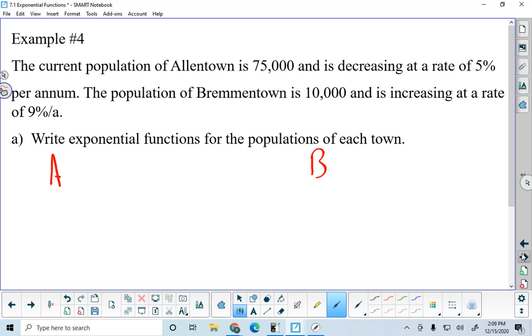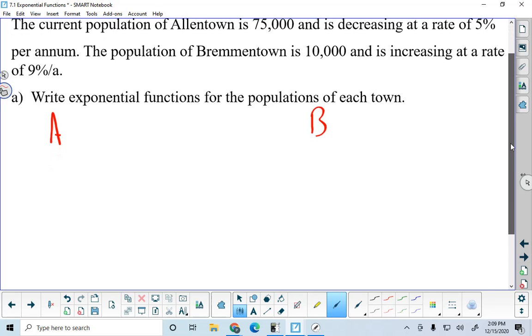Annum means annual, which is yearly. Brementown has a population of 10,000 and is increasing at a rate of 9% per annum. And this question is going to teach you how to use an exponential function where the y-intercept is not 1.